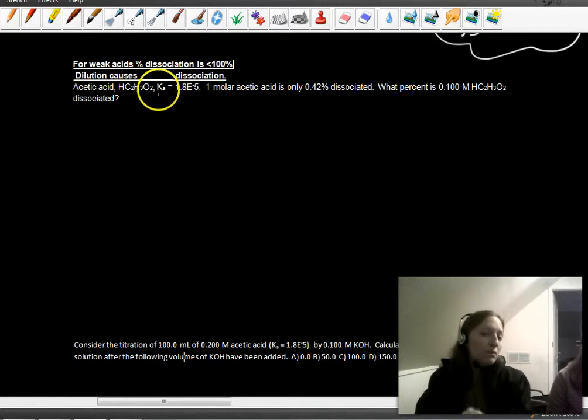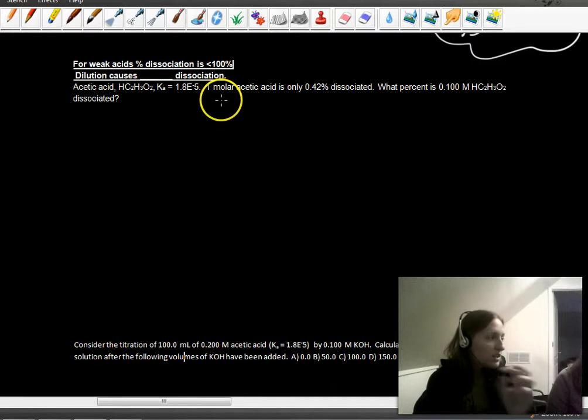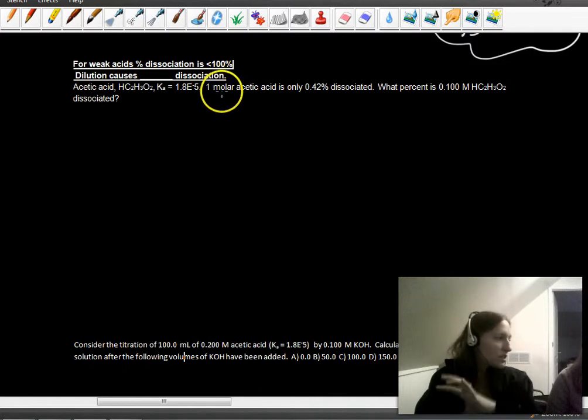If you have a 10 molar solution of acetic acid, this is our example here, more of it dissociates when you have a low concentrated solution. When you have a high concentrated solution, you have so many H pluses that it drives the equilibrium to the left, according to Le Chatelier's principle.